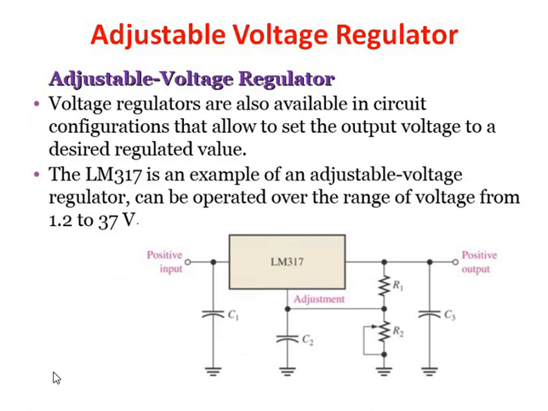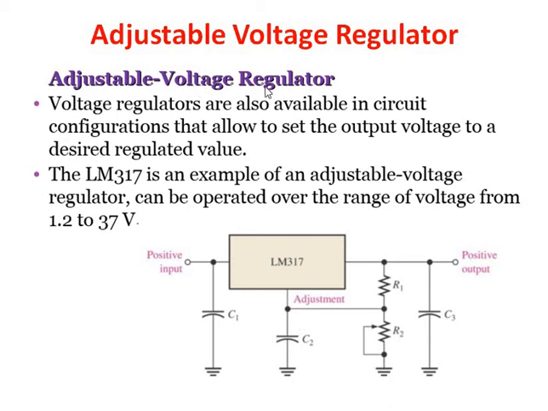The two previously explained ICs, the 78 series and 79 series, are fixed voltage regulators. But in some circuits we need a variable or adjustable voltage, so we use the LM317. It is used as an adjustable voltage regulator.